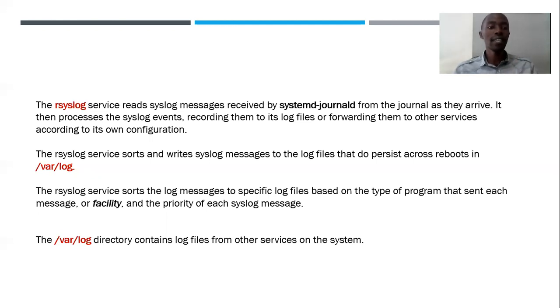The rsyslog service reads syslog messages received by systemd journald from the journal as they arrive. So rsyslog must work hand in hand with systemd journald. Systemd journald records these events and then hands them over to rsyslog.